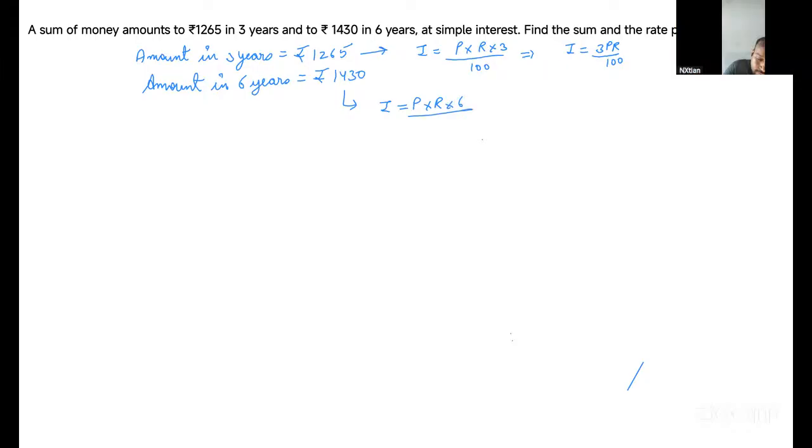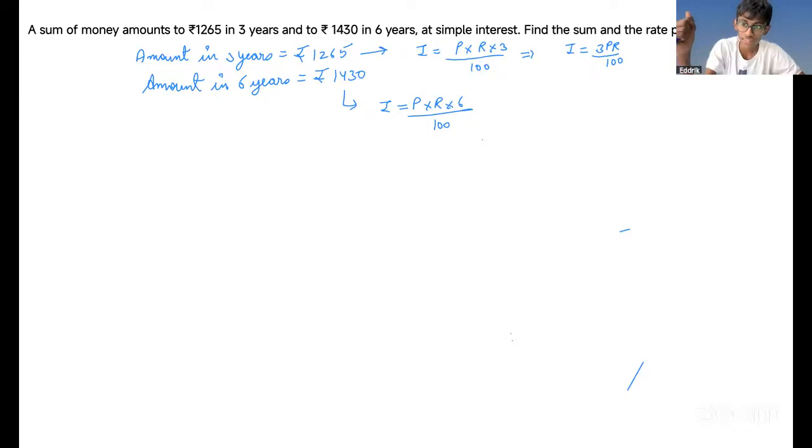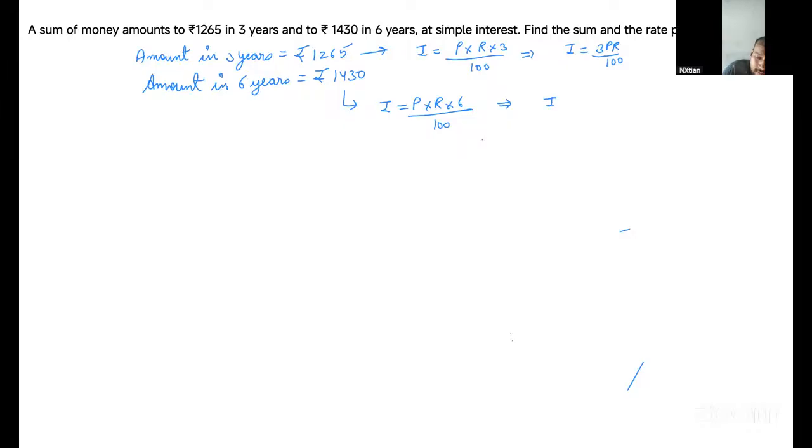Why wrong, beta? Sir, because you're using three variables, I, P, and R. You can only use two. I will make it two.